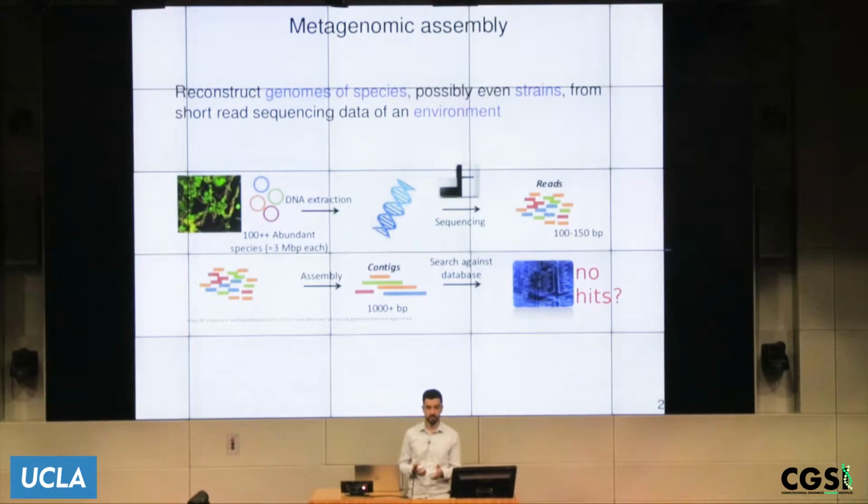And typically the type of data used is short-read sequencing from an environment, so soil, human gut, human skin, and so on. So the process is you sequence some data using short-read sequencing, you obtain some reads, and then one typical step is to either align the reads or produce an assembly of those reads. And typically the situation that we are concerned with is when your alignment of either the reads or your assembly doesn't match the reference. In some cases, when you're lucky, most of your sample can be mapped correctly, like 90% or more of your reads.